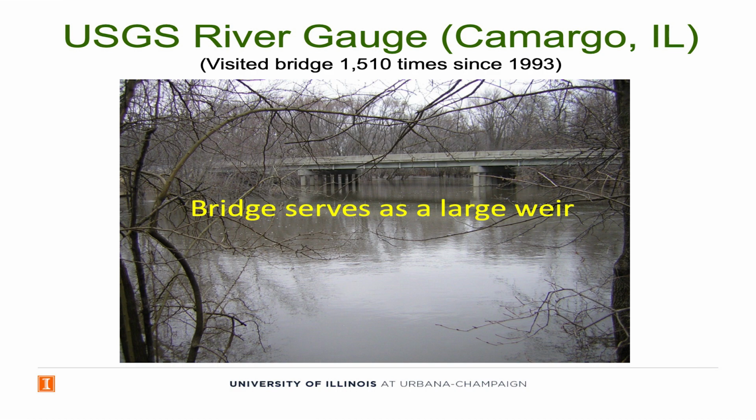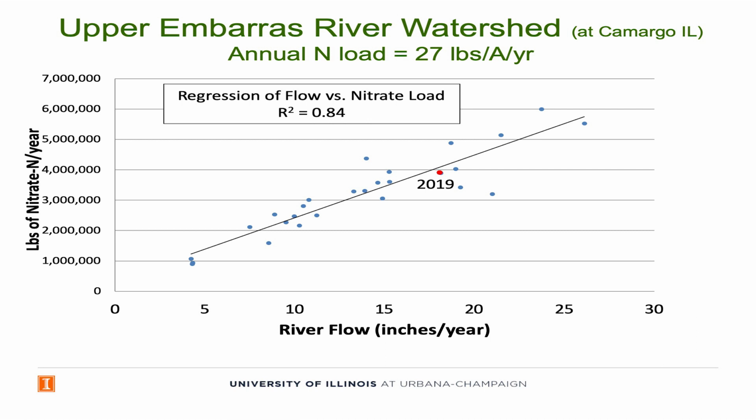We know that bridge well, and we just hang a bucket off of that bridge and we get a sample, we plunge it down through the water column, and we bring that back and look at nitrogen, phosphorus, and a host of other things. And this is the river data since '93, and you can see when we regress river flow versus load, pounds of nitrogen going down the river, there's really quite a tight relationship. And you would expect that because flow is part of the load calculation.